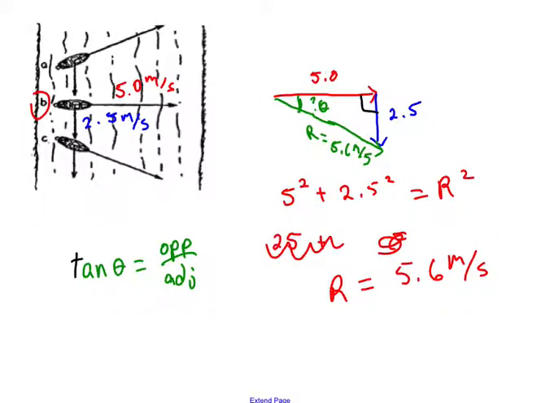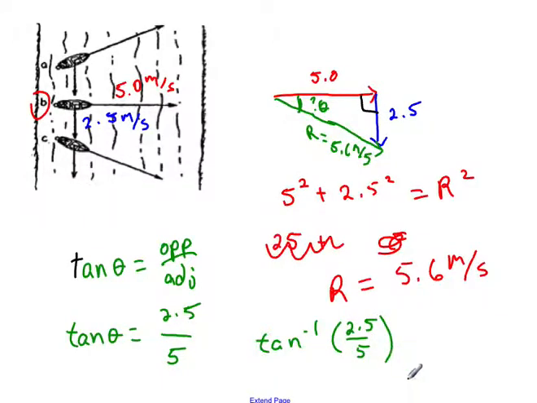Let me back up here. Hopefully I can edit that out. Tangent theta equals my opposite side, which is 2.5, over the adjacent side, which is 5. Now, take tangent^-1 of a half, because 2.5 divided by 5 is a half. Plug that into your calculator to solve for theta.